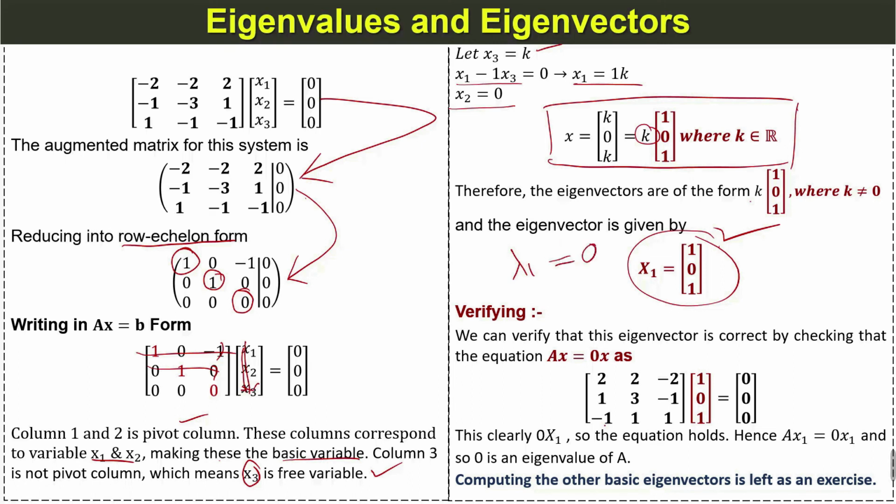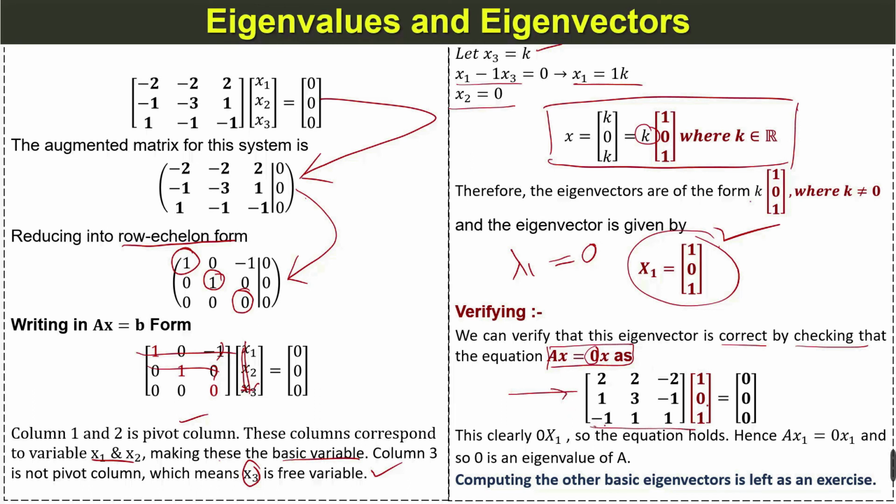Now we verify whether the calculated vector is correct or not. We can verify that the eigenvector is correct by checking that the equation Ax equals lambda x, with lambda equal to 0, holds.